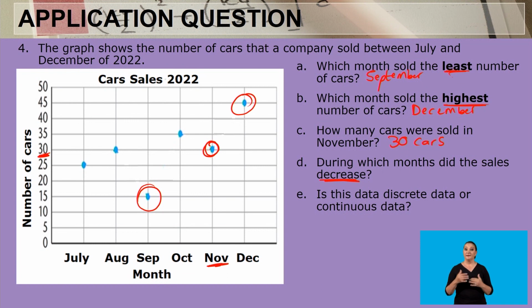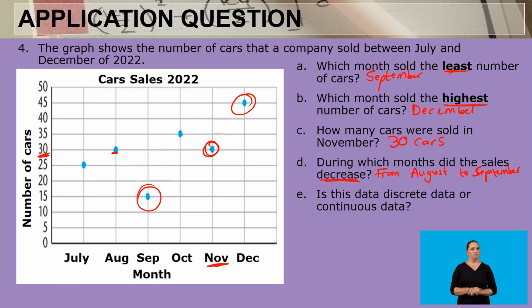Now we can see that from August, we had a sale of 30 cars, and then when we went to September, we went down to 15 cars. So definitely from August to September. Are those the only months where our car sales decreased?